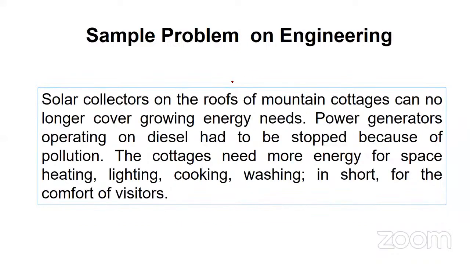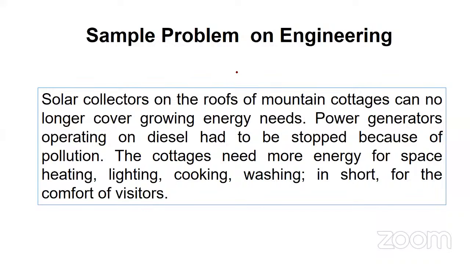So this is a sample problem for engineering. Solar collectors on the roofs of mountain cottages can no longer cover growing energy needs. Power generators operating on diesel had to be stopped because of the pollution. The cottages need more energy for space heating, lighting, cooking, washing, etc. In short, for the comfort of visitors.